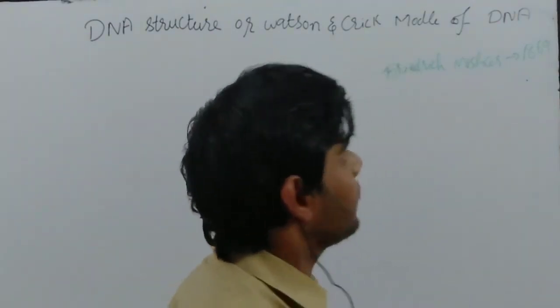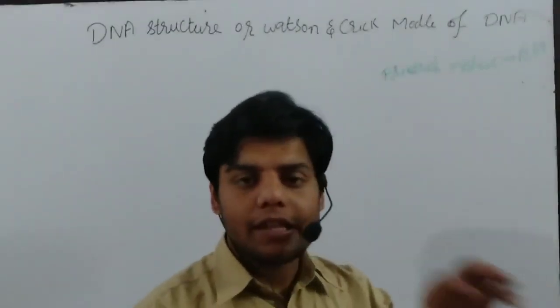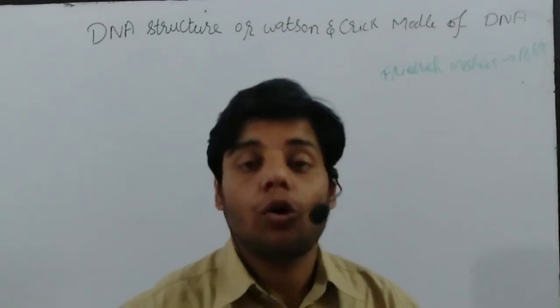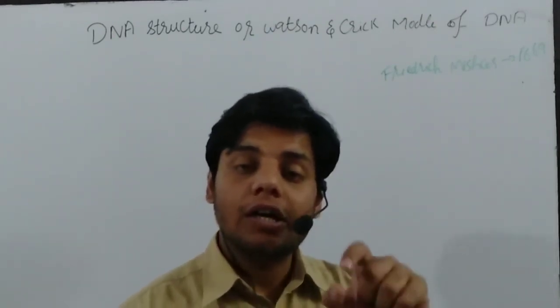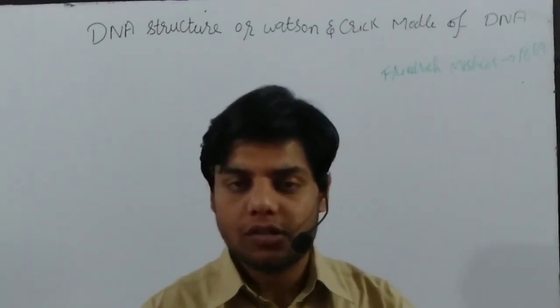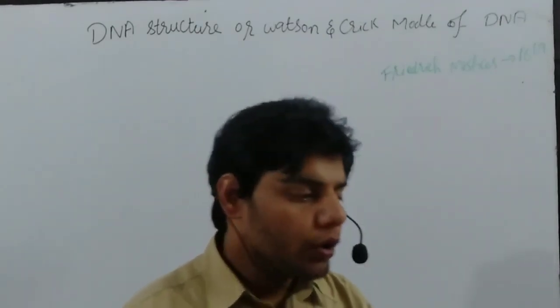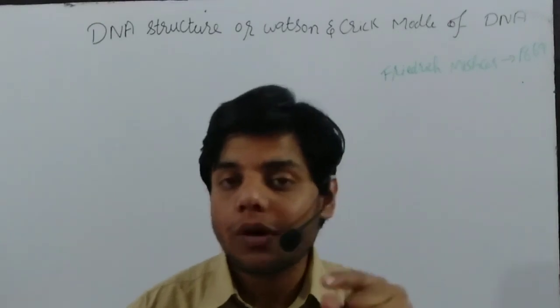He took human cells and the sperm cells of fish, and isolated white substances inside the nucleus. He called these white substances nuclein, and after some time he called them nucleic acid.